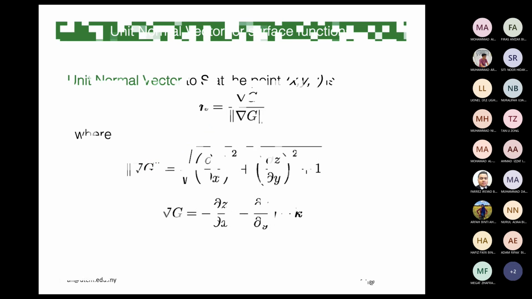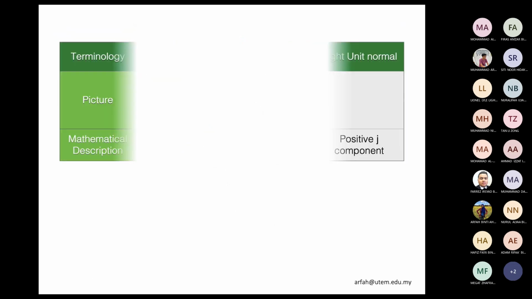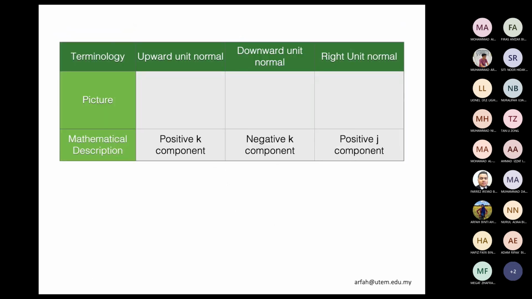Okay. So the next one, because we are dealing with the vector function, you will have the direction as well, whether it points upward or downward, and whether you are going to have the positive k component, the negative k component, and so on. So if the unit normal vector is pointed upwards, then you are going to have the positive k component.